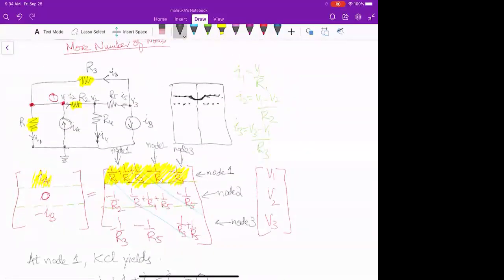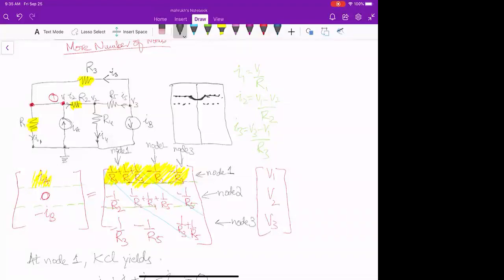Just remember that in terms of the matrix, we define that the current entering the node, like IA entering the node, is positive. If IB is leaving the node, then for that particular definition it will be negative. But we will write our equation first and then we will try to rearrange it.